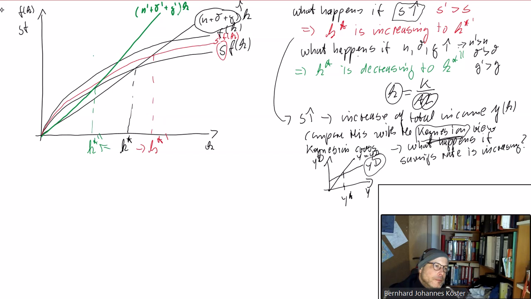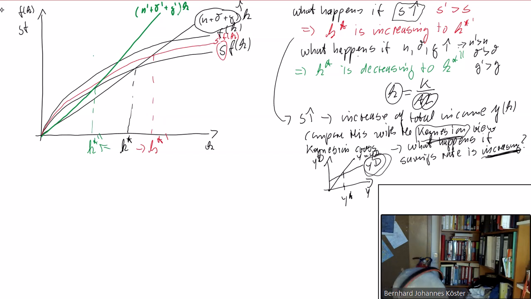The saving rate is increasing. What happens then to total demand in the Keynesian view? Yes, the total demand decreases, because the slope of this function is the marginal propensity to consume. And if the savings rate is going up, then of course the consumption rate is going down.